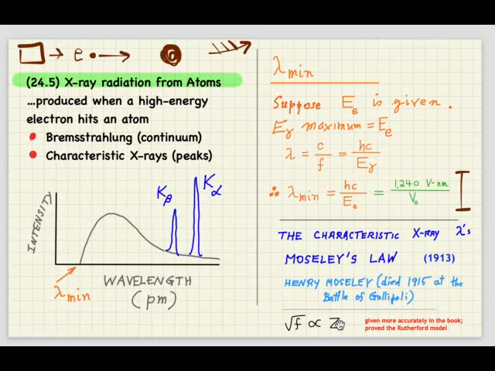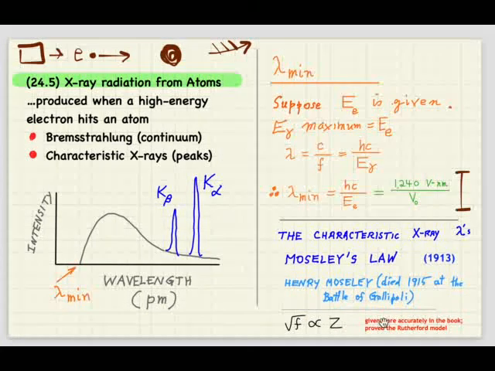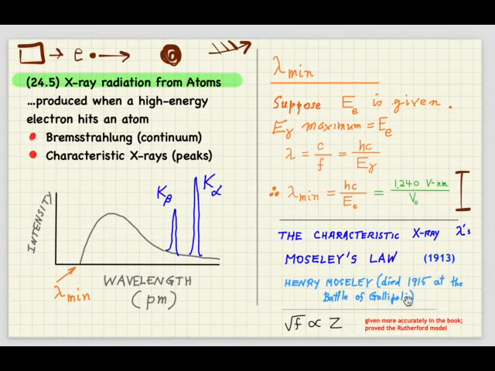It involves the Rydberg energy and the atomic number, Z. So this is sort of explained in a little more detail in the book, and there'll be a Lon Kappa problem involving Moseley's law.